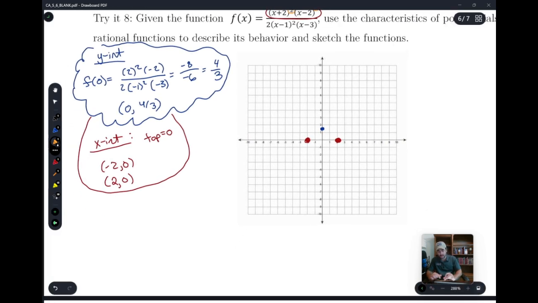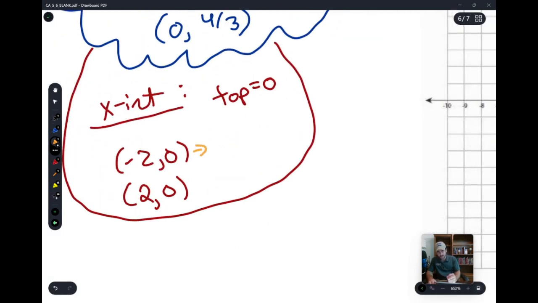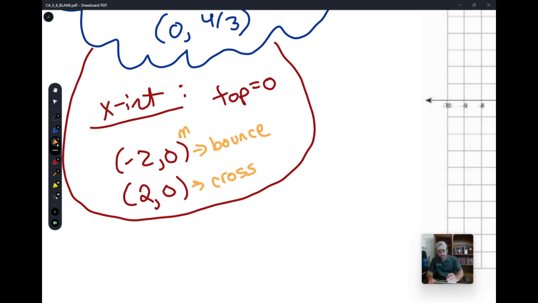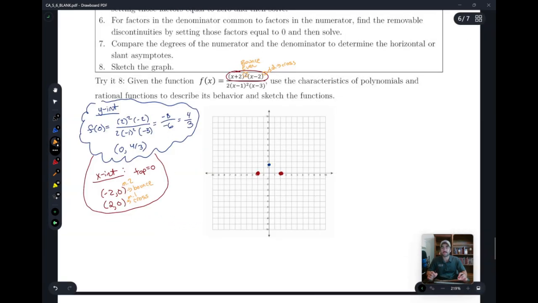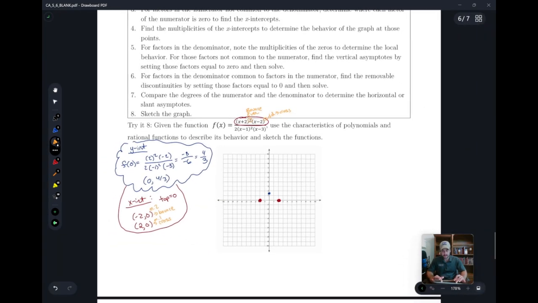But if we want to go ahead and label them, we totally can. We can say this one's going to bounce off of the x-axis, and this one's going to cross the x-axis, because this one has a multiplicity of 2, and this one has a multiplicity of 1, based on the exponent of the factor. All right, so we found our multiplicities, good to go.